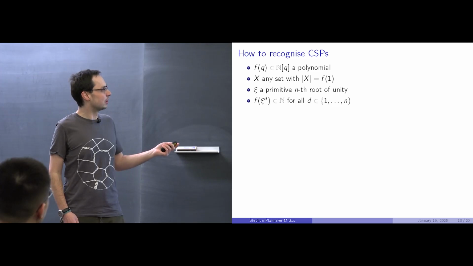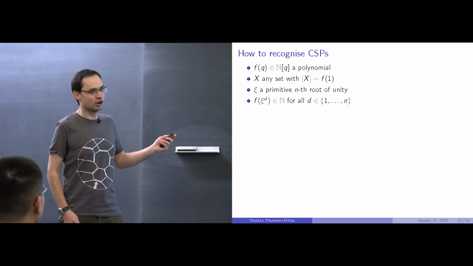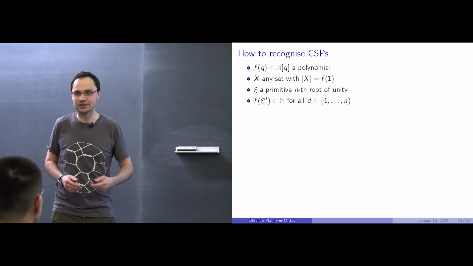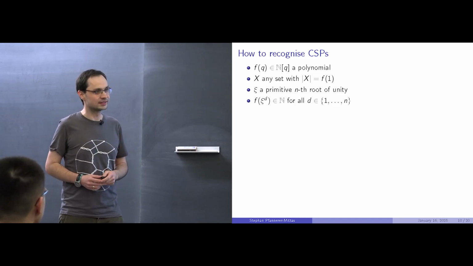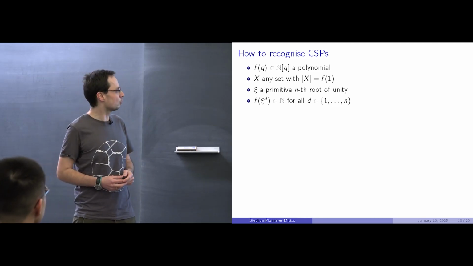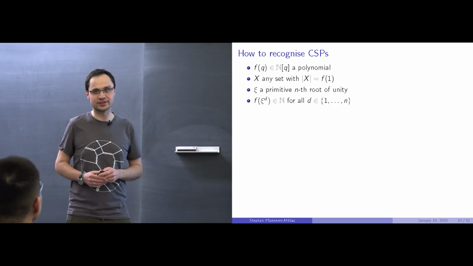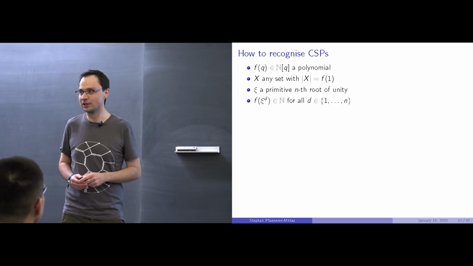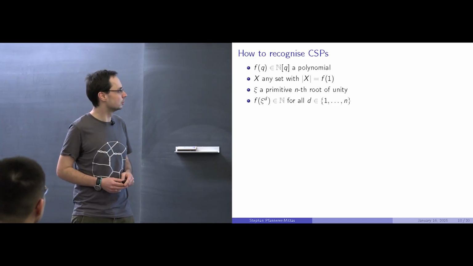We want to have a primitive n-th root of unity, and if I plug in the powers, we should get some integers because it's supposed to count fixed points. And now the question is, are there some extra conditions that need to be satisfied for f so that we get a cyclic sieving phenomenon?